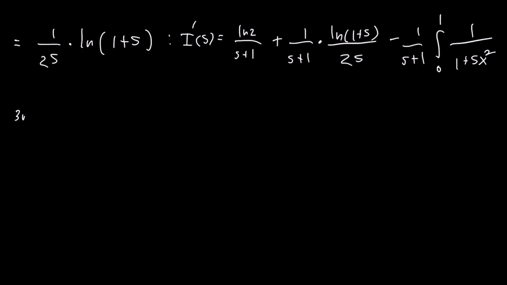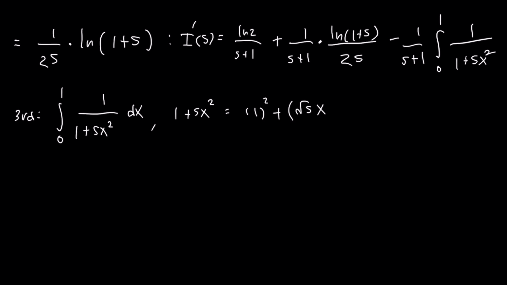And for the third integral, we have the integral from 0 to 1 divided by 1 plus sx squared dx. And we'll notice that 1 plus sx squared can be written as 1 squared plus the square root of s x quantity squared. So we have the integral from 0 to 1 divided by 1 squared plus square root of s x squared dx.